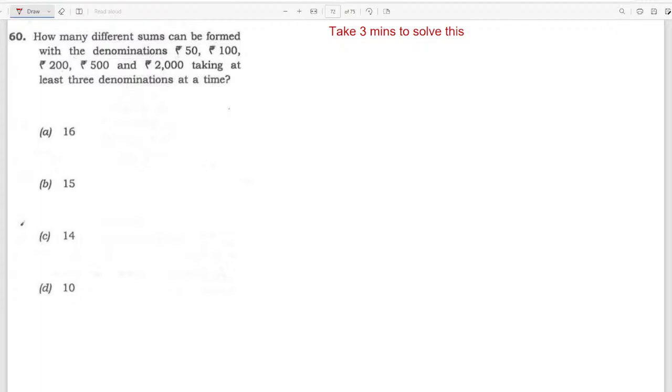That's why I thought English would be more appropriate. Please post your answers. Two people have got option A, one has got option B. Others, if you're solving, please post it. Now, three people have got option A.